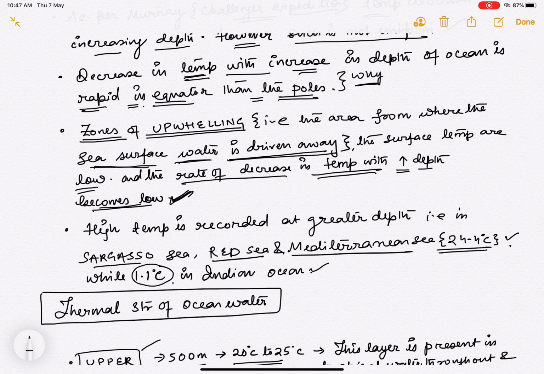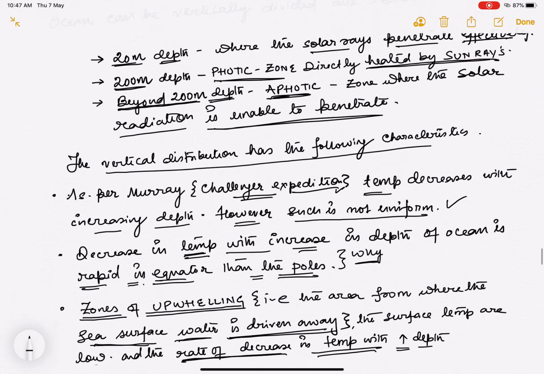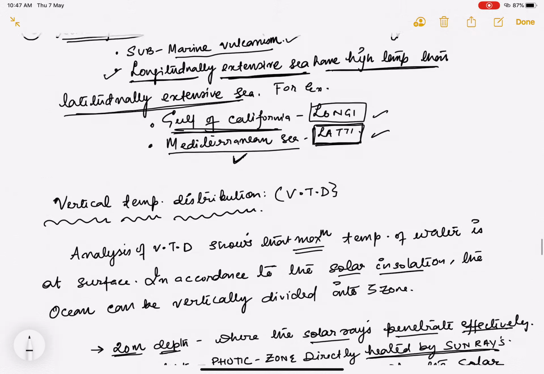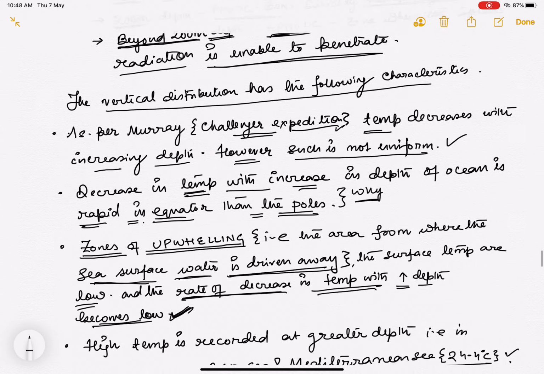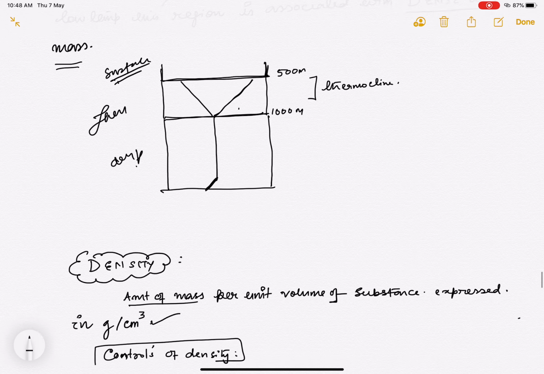Hence it results in a lower rate of decrease of the temperature. See, in the upwelling itself, first of all, the warm water is pushed away. Next, the cold water from the bottom comes and replaces its position. So the cold water is obviously cold. Hence, the temperature decrease from the top to bottom is not that stark, or not that great.